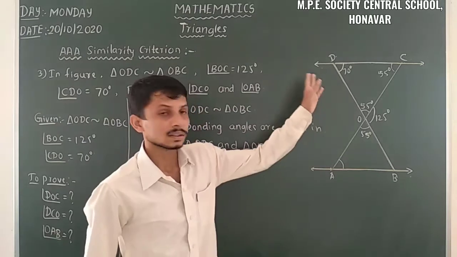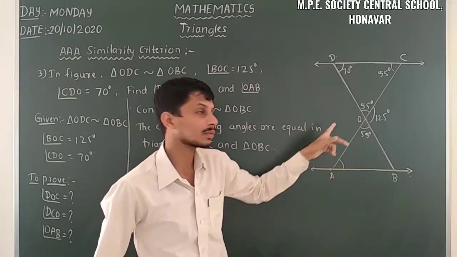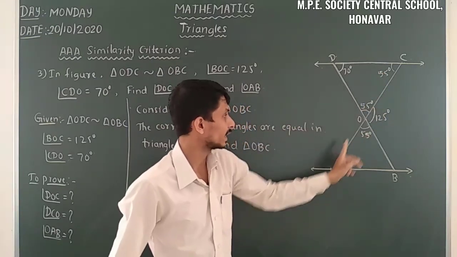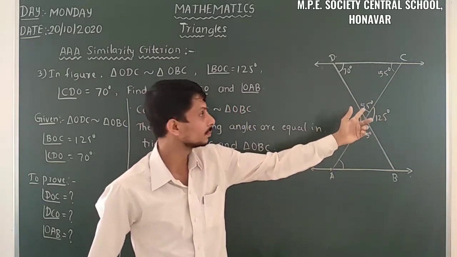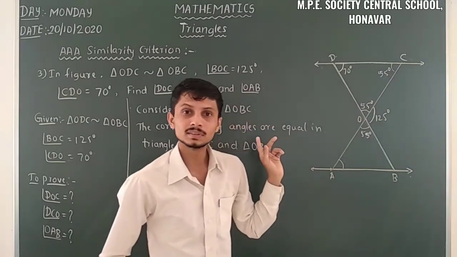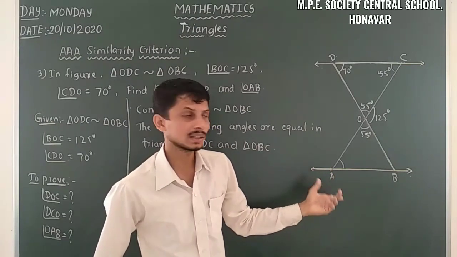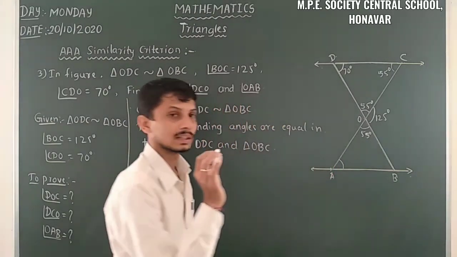So when we consider these two as parallel lines, and we consider the line CA, AC, as a transversal, then this angle and this angle become alternate interior angles. So that's why we can take it as 55 degrees.